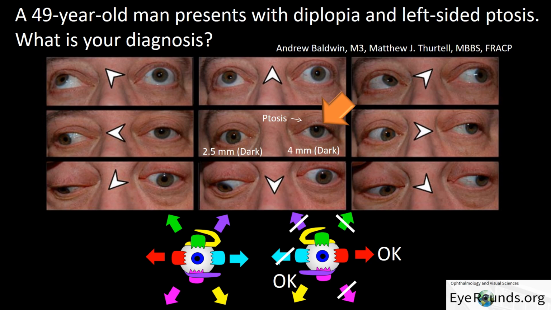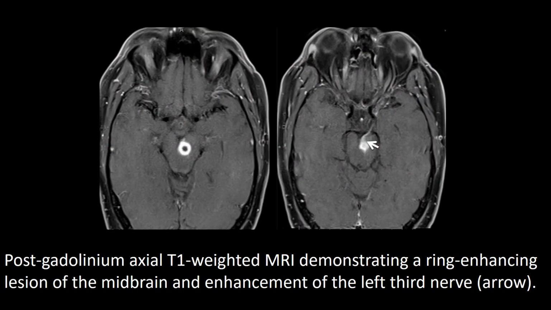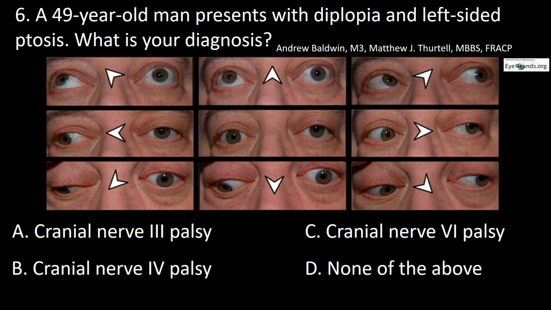These findings further reaffirm the presence of cranial nerve 3 involvement. And indeed, the patient had a third nerve palsy with contralateral hemiplegia secondary to midbrain fungal abscess, as you can see in these images. So the answer to this question is A.